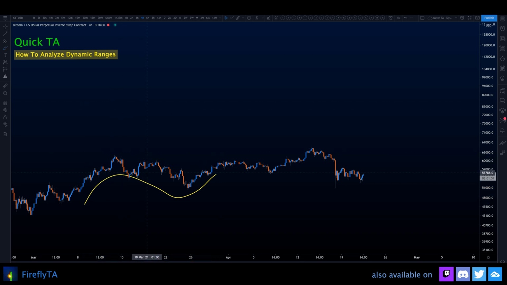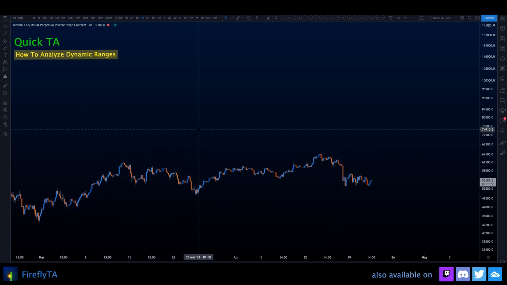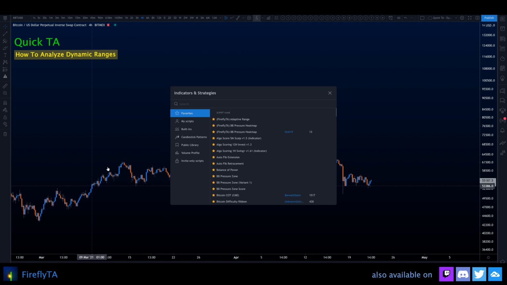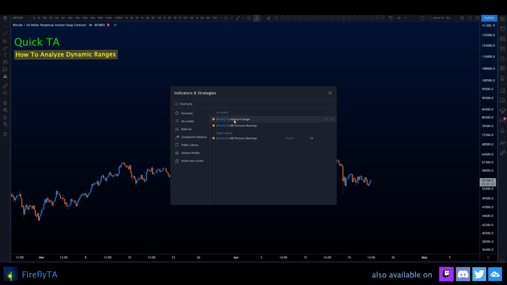So I'm going to present to you a new indicator that you can use from this day on to analyze dynamic ranges. To find this one, you have to go on Tradingview, go to the public library, and you can search for my name, Firefly TA, and you will find the adaptive range indicator in there.